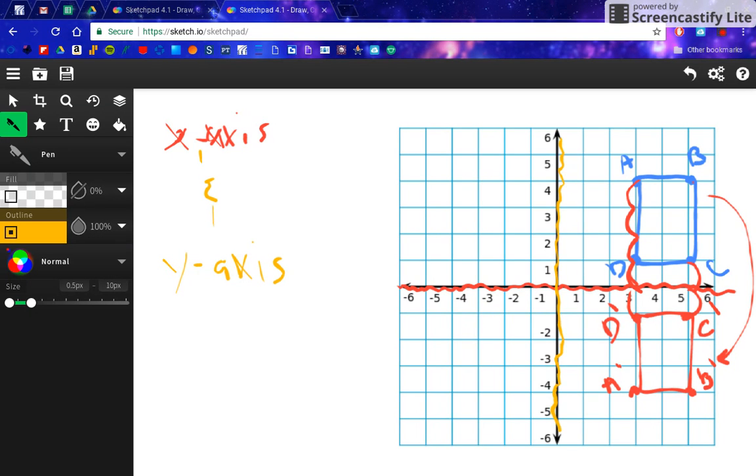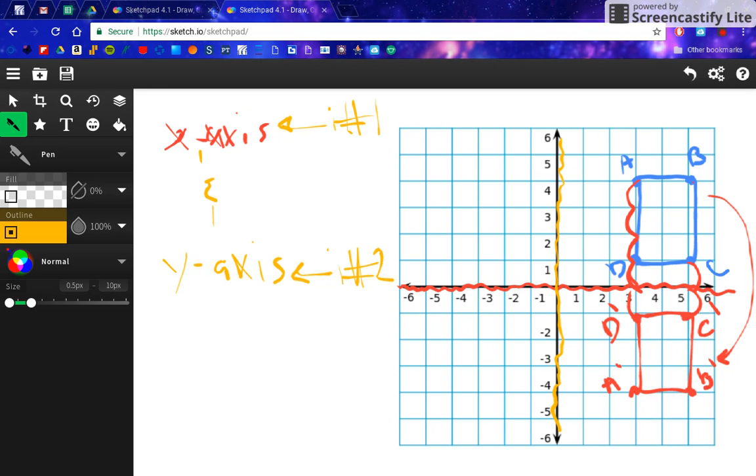So keep in mind, you're going to be doing this with your image, not your pre-image. So we reflected, created an image there. So there's image number 1. And then we're going to reflect it again, and in orange is going to be image number 2. So that's going to mean we're going to be using double prime notation.